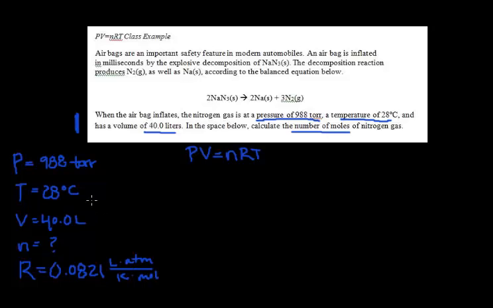So, are all of these units correct? And you should recognize that no, they're not. And so I'm going to give you 1 minute. Convert all of these units into the correct units by yourself. 1 minute to do that. Convert the units to the correct units.